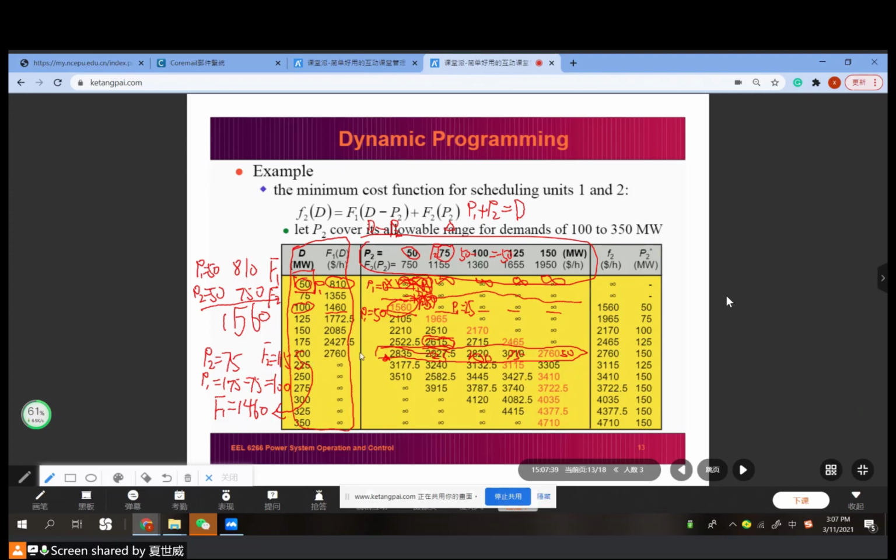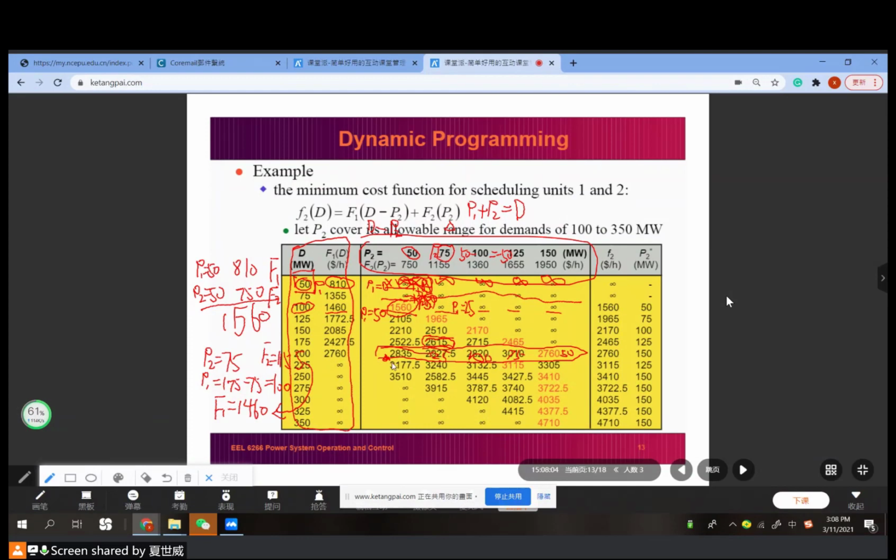So that means this row is to support a total load of 200, but you can choose different options. For this, you choose to generate P2 by 50, P1 by 150. For this number, you choose to generate P2 by 75, P1 by 125.